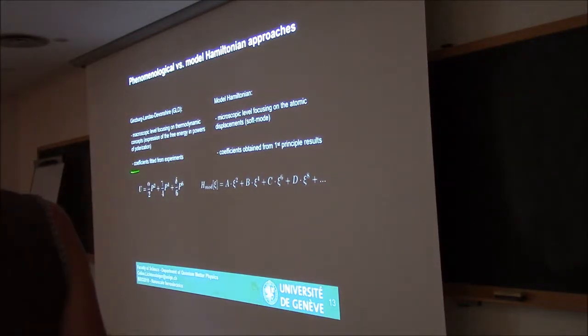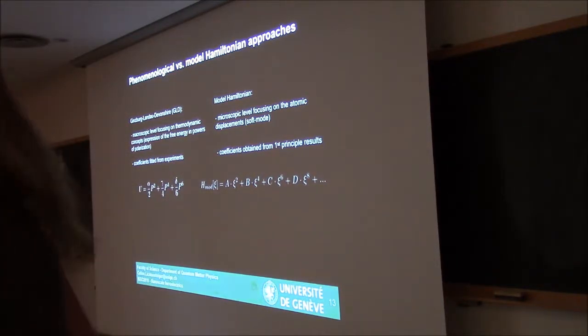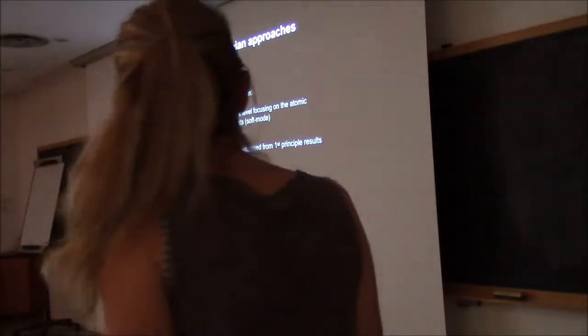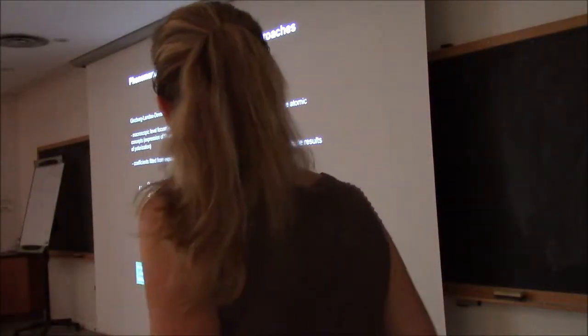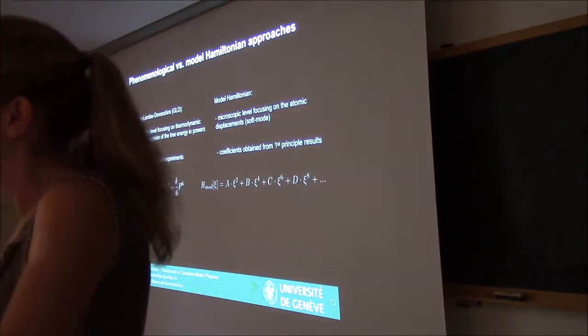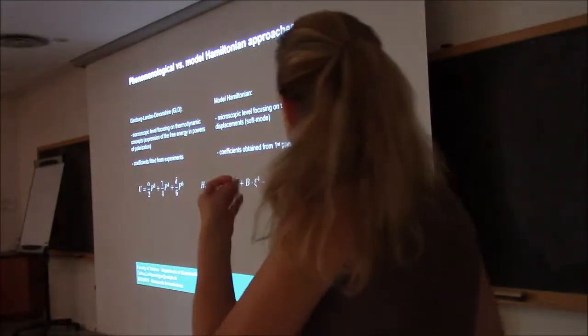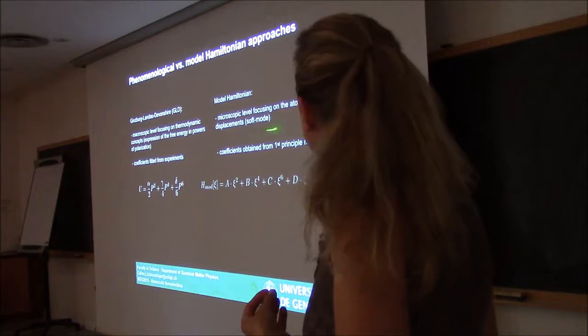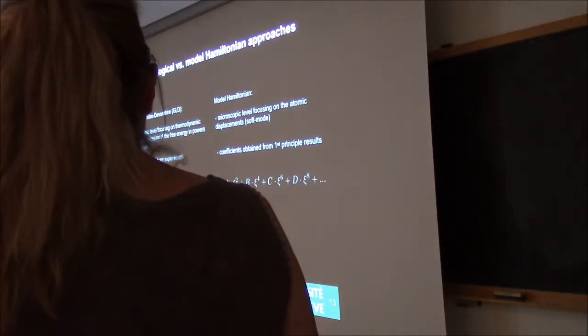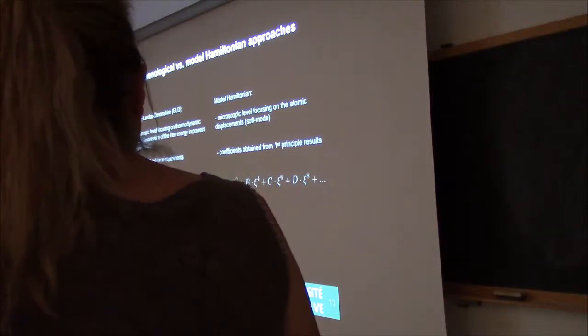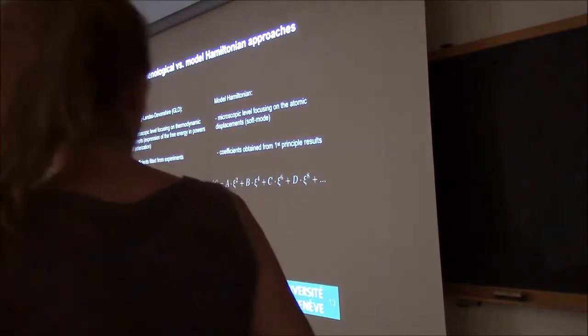And all the coefficients will be fitted from the experiments. So, okay, it works quite well. The model Hamiltonian approach looks at the system from a microscopic level, and it focuses on the soft mode and so these atomic displacements. And then you see that it's very similar, but the coefficients are obtained from first principles.